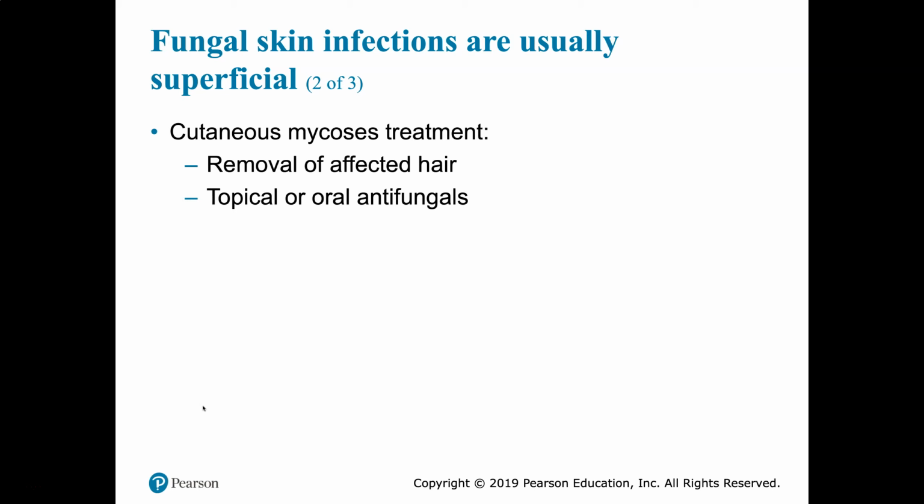Treatment for it in general: get the affected hair, remove that, and then topical or oral antifungal medications. As a kid, ringworm is something that lots of people get when they're in daycare or preschool, first grade, all that, because there's so many kids in such a small area.